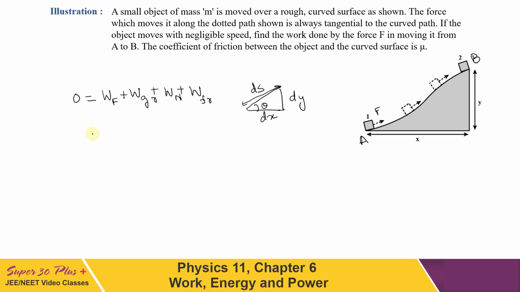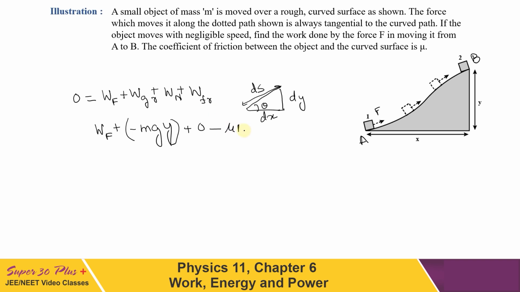Now if we write all the works, Wf minus work done by gravity, which has nothing to do with the horizontal displacement. So directly it will be equal to minus mg into the vertical displacement, which is y, plus work done by normal, which should always be 0 because normal is perpendicular to displacement, so the dot product will be 0, and work done due to friction. Friction also does negative work, where force and displacement are opposite to each other.